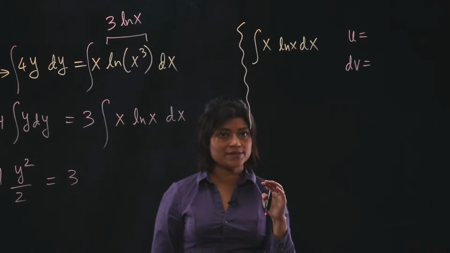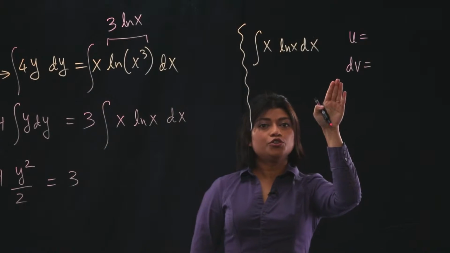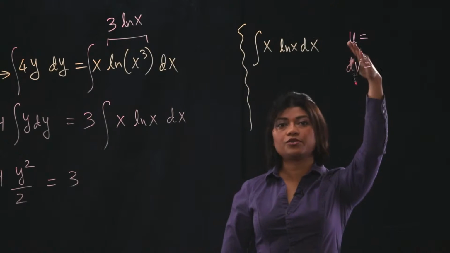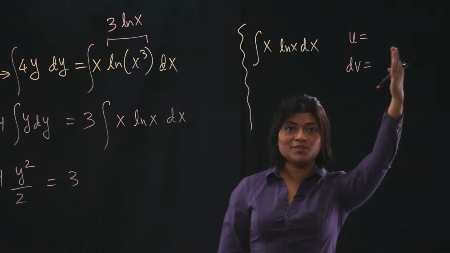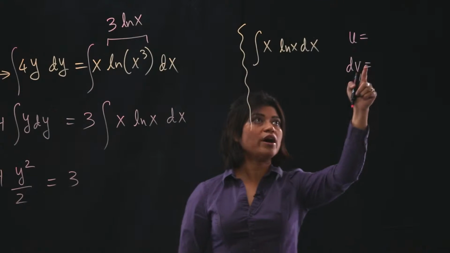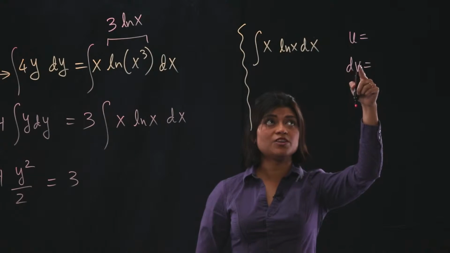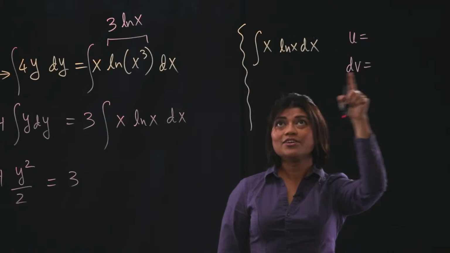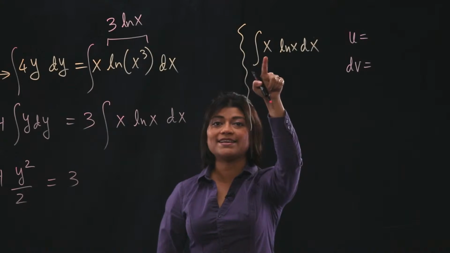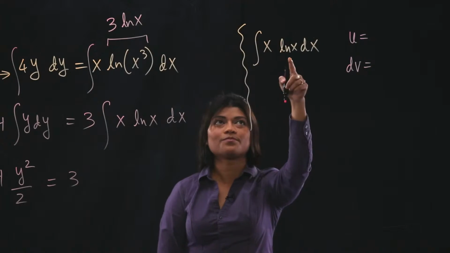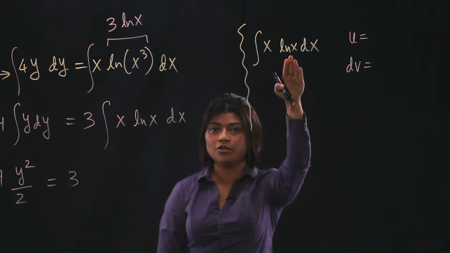Well, notice you want to choose u to be something whose derivative can be computed. Well, that's not so difficult. The difficult part is what you choose as dv, because whatever you choose for dv, you have to integrate that function. So between these two functions, x and ln, which one can you integrate easily? Of course, x, not natural log.